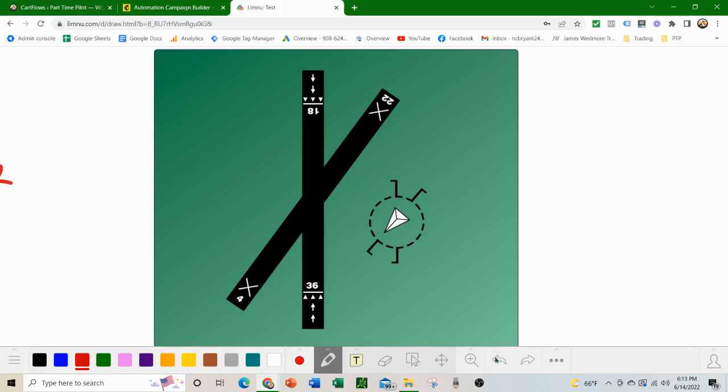And the wind triangle gets a little confusing because the pointy part points into the direction that the wind is coming from. Whereas the wind sock pointed in the direction that the wind was going, opposite the direction the wind was coming from, on the wind triangle the pointy part points into the direction the wind is coming from. So the wind is coming from the southwest here.